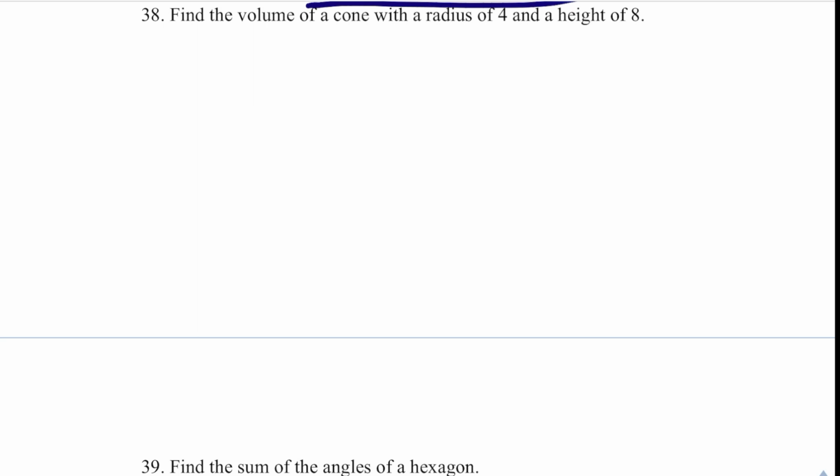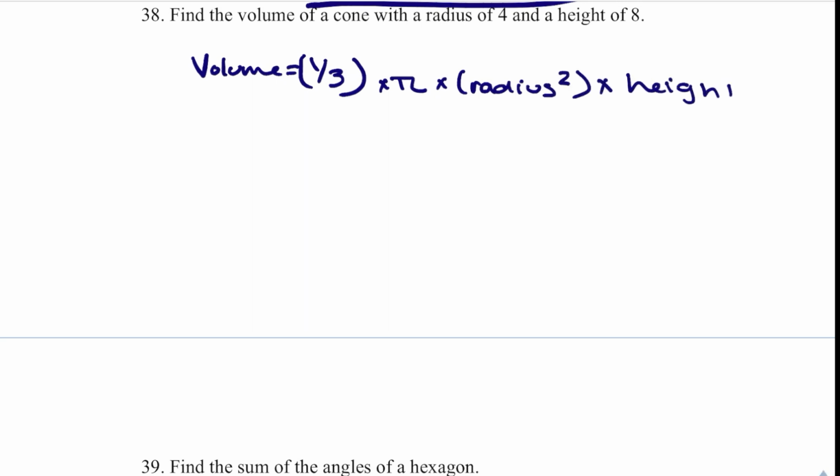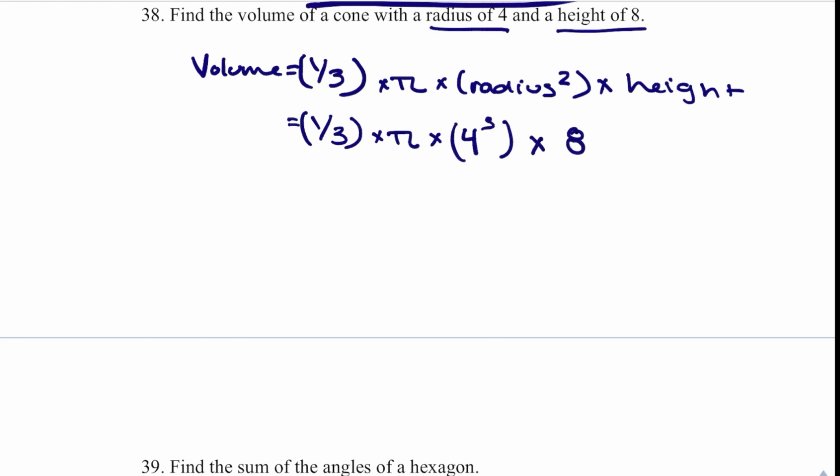(38) Find the volume of a cone with the radius of 4 and the height of 8. So our equation for the volume of a cone is that volume equals 1/3 times pi times the radius cubed times height. So we're going to have 1/3 times pi times our radius is 4, 4 cubed, times our height is 8.